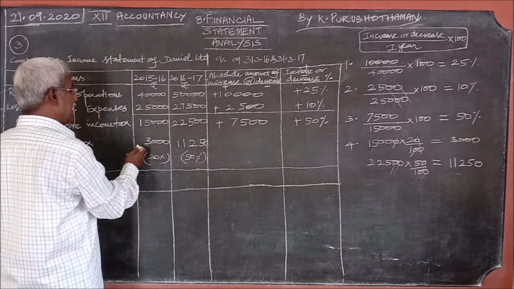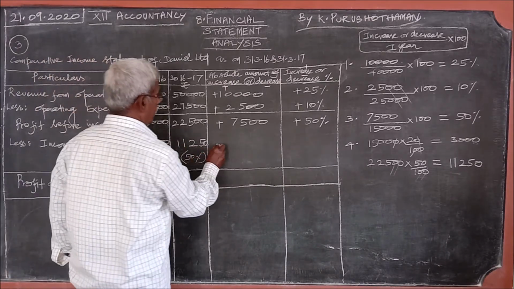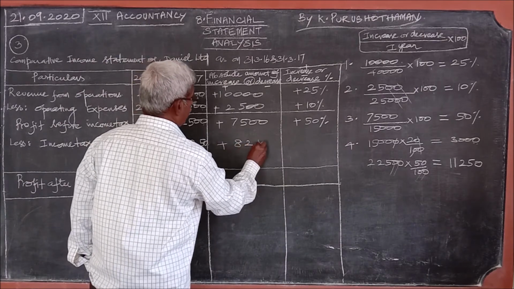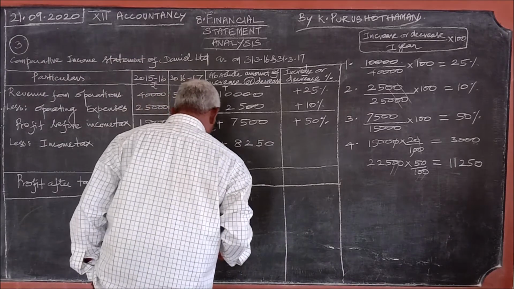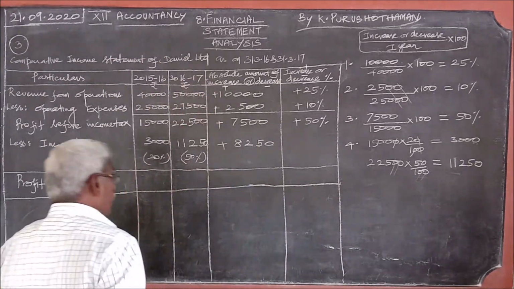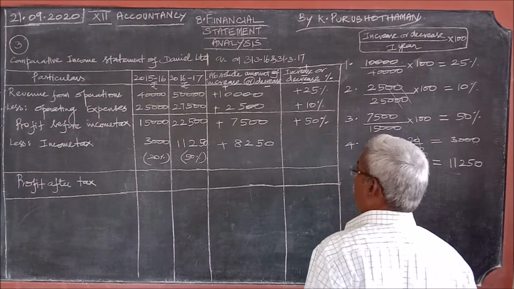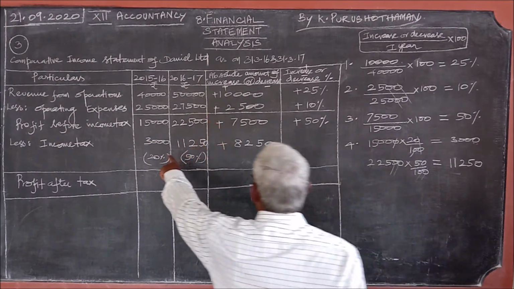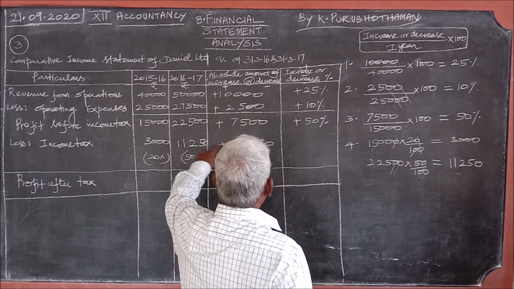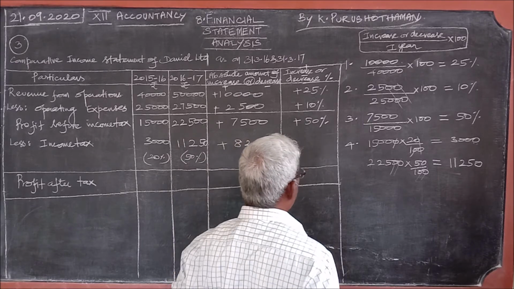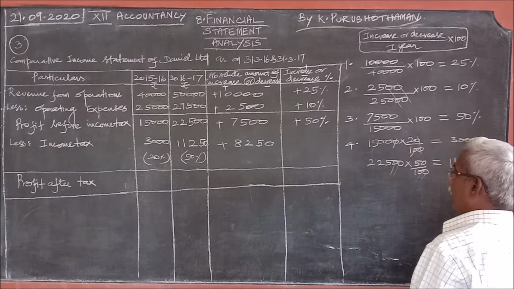How much is the increase in tax? This 11,250 minus 3,000, 8,250 is the increase in tax. Then what should be the percentage? Listen carefully, I said this for the fourth item itself. We have calculated the income tax, and there is an increase. How much? 8,250. So how much is the percentage of increase in income tax?